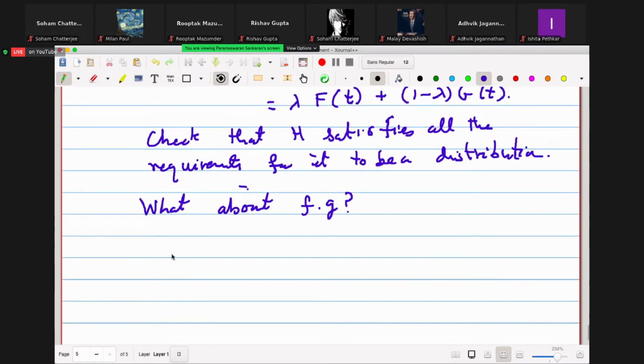So I will just simply say try f square even. Show that for some f, f square is not a density of any distribution. You can try and show that.